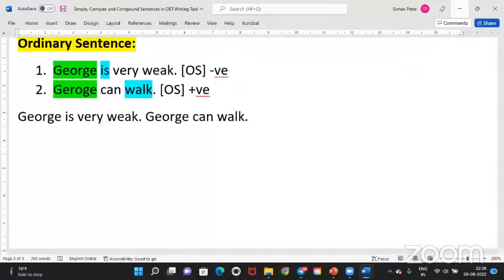But George is very weak. He can walk. How is that possible? How can he walk if he is very weak? So that's the question. This is contrast. This is unbelievable. So when there are unbelievable situations, you use these things.